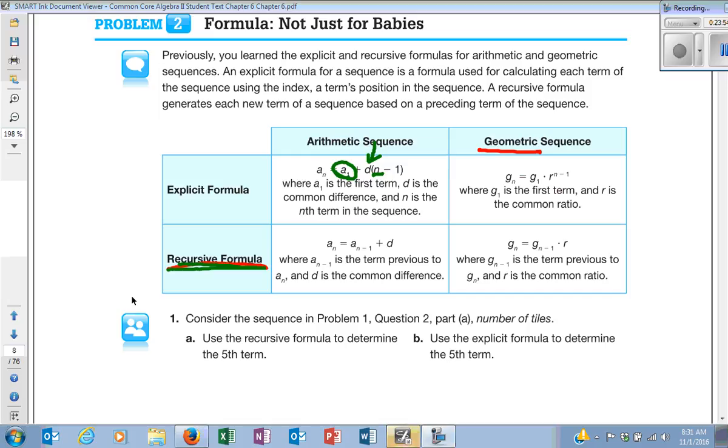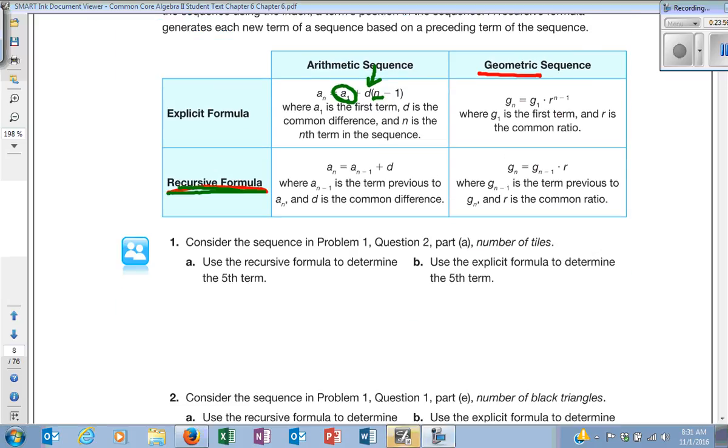If I gave you this pattern right here, how can I find the next term? So what would my answer be? 18. What would my next term be? 21.